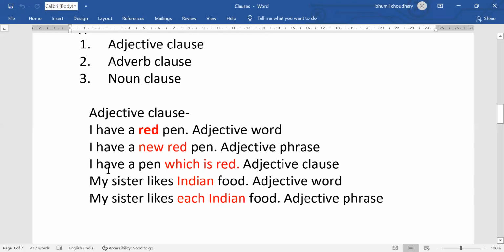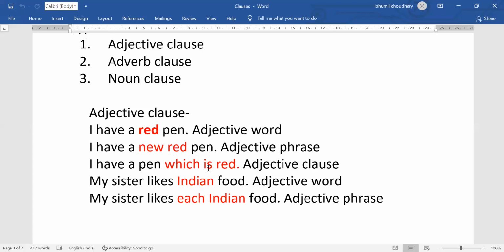See this example, I have a pen which is red. So which is red, this part is describing the pen, right? So that clause is working as an adjective. That's why this clause is called an adjective clause, right?